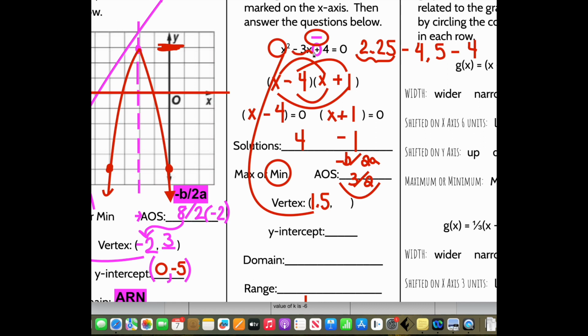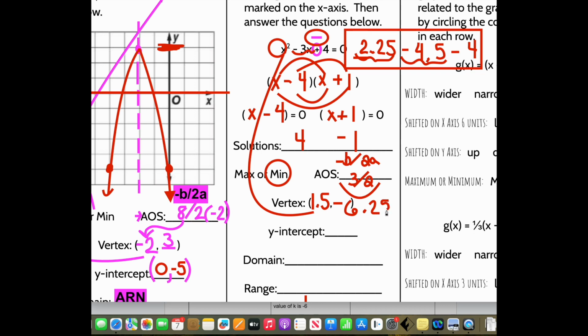Then -3 times 1.5 is -4.5. And then the +4, it's actually not +4. I made that error. It's actually -4. So when you calculate that out, you get -6.25 as your y coordinate for the vertex.